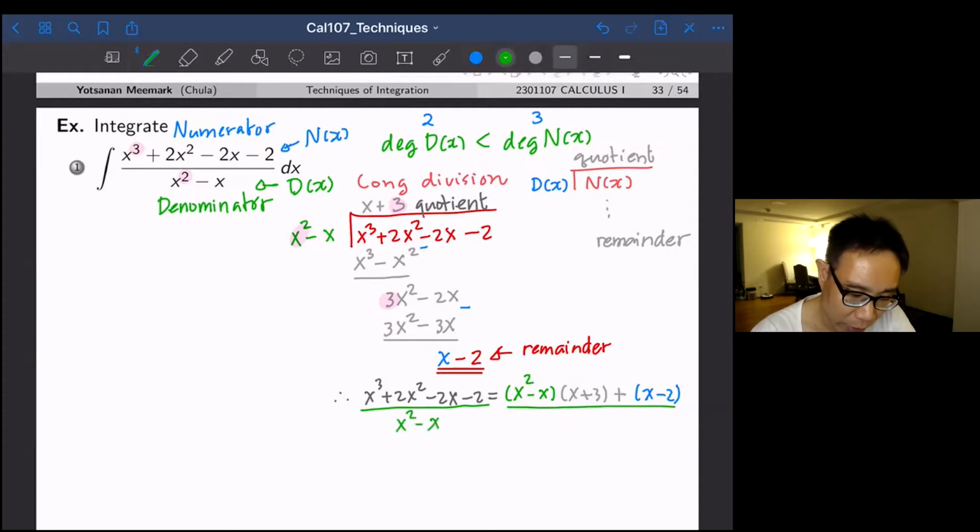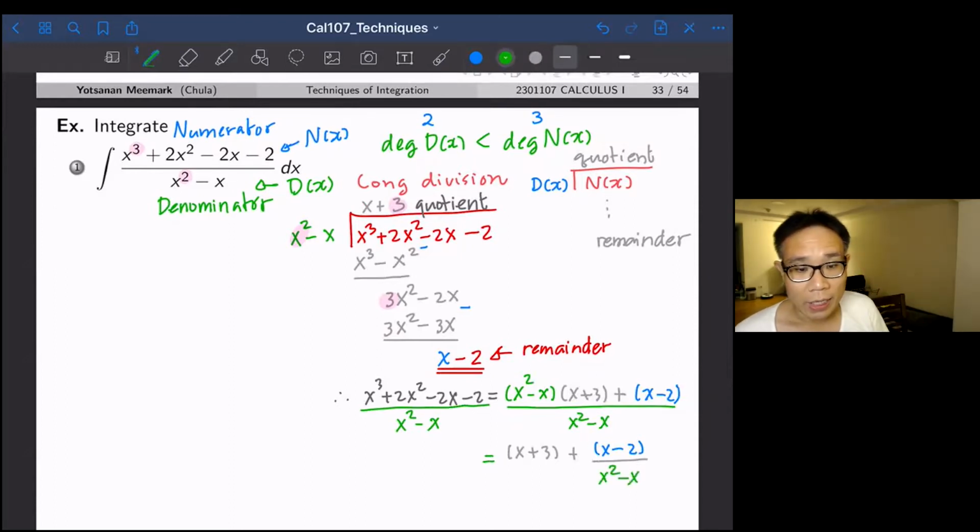Okay, and you see that this one can be written as x plus 3 plus x minus 2 over x squared minus x.